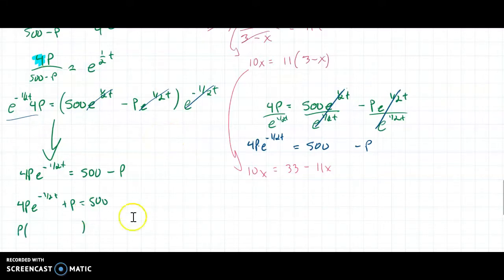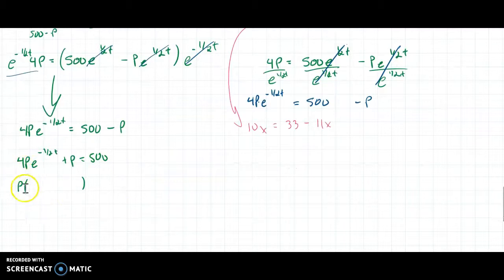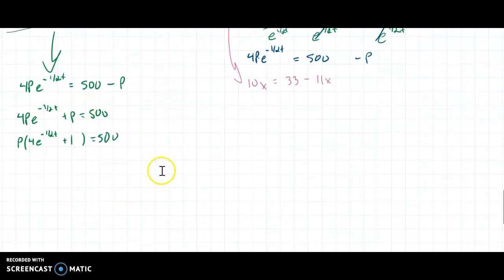The way I like to usually do that is to write the variable here and then put a set of parentheses and then say to myself, what do I need in here to make this line equivalent to that line? Well, I definitely need the 4, and then I need the e to the negative 1/2 t, and then I need a plus 1 because that will give me this equals 500. And we are almost done.